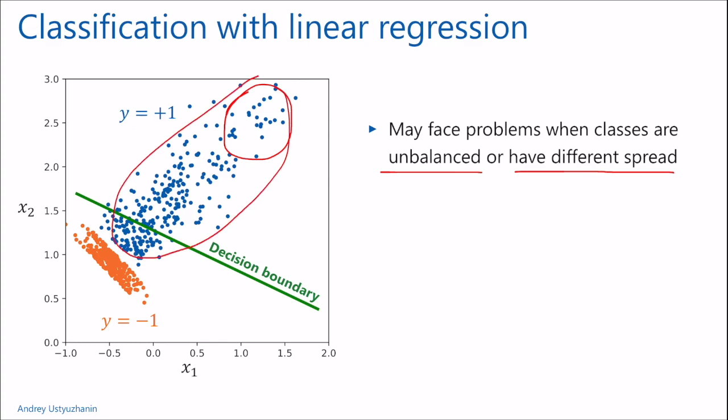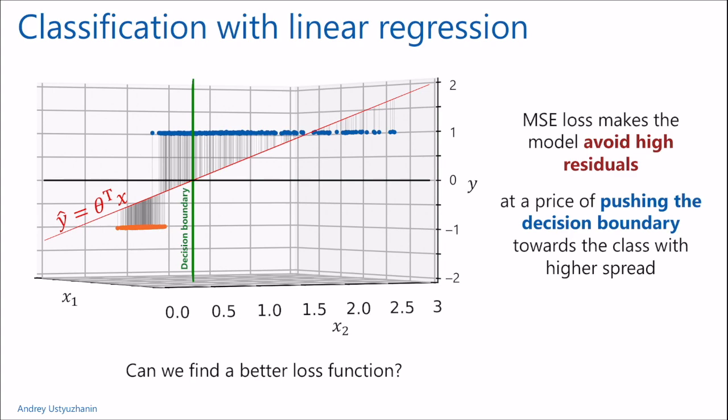So unbalanced is when you have blue much larger number than orange, and spread when it is wider than the other class in terms of Euclidean metric, or metric that your loss function is sensitive to.